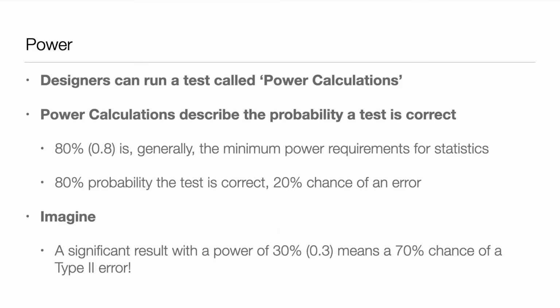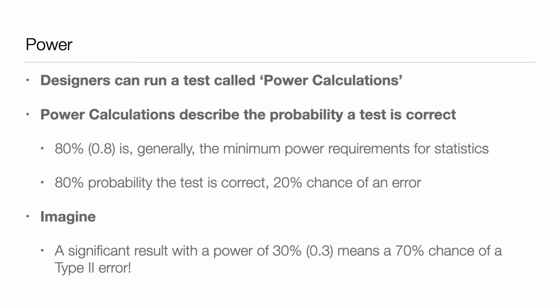Power is this wonderful concept that many people get wrong, but once you understand it, it is magical. Designers can run a test called power calculations. Power calculations describe the probability that the whole thing you're doing, all your results, are correct. Now, generally, you want to have an 80% benchmark, which is 0.8.